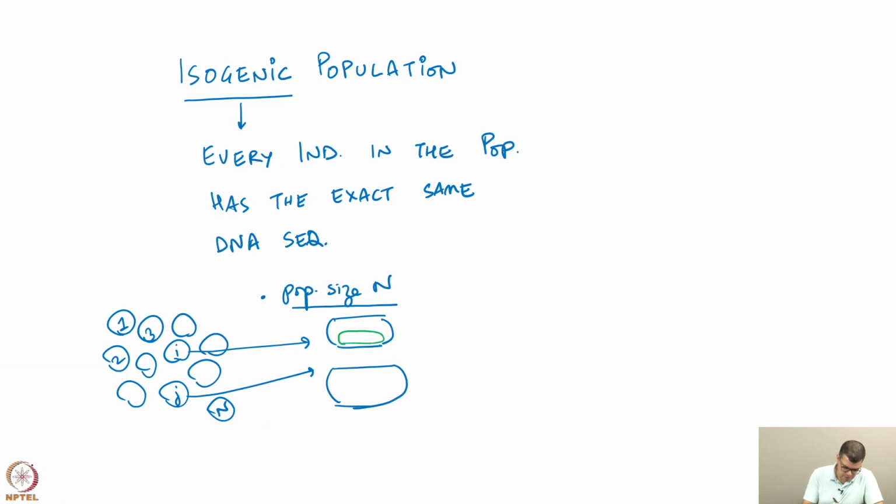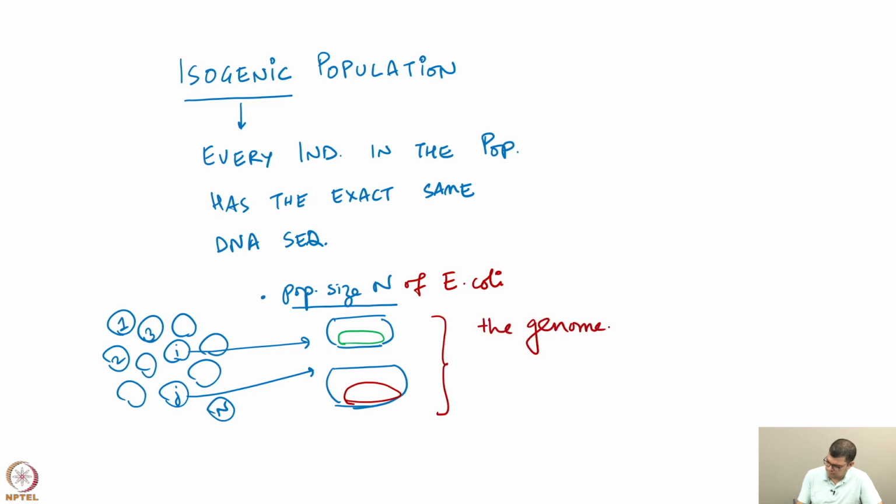So these are the two individuals, and these are a population of size n of, let's say, E. coli bacteria. Now one thing is that because this is the same species, same strain of the E. coli bacteria, the genome length is the same in both.